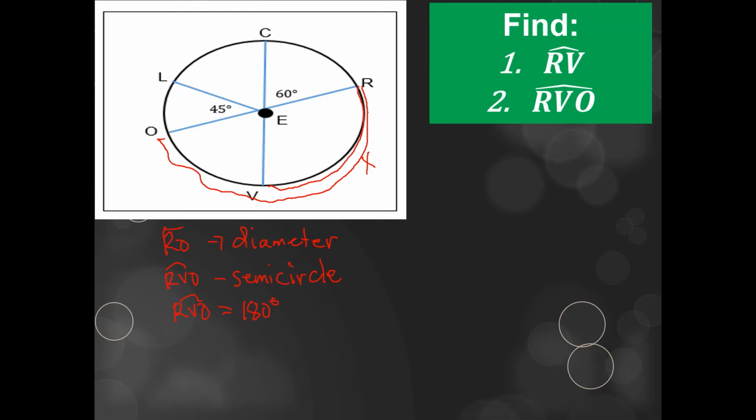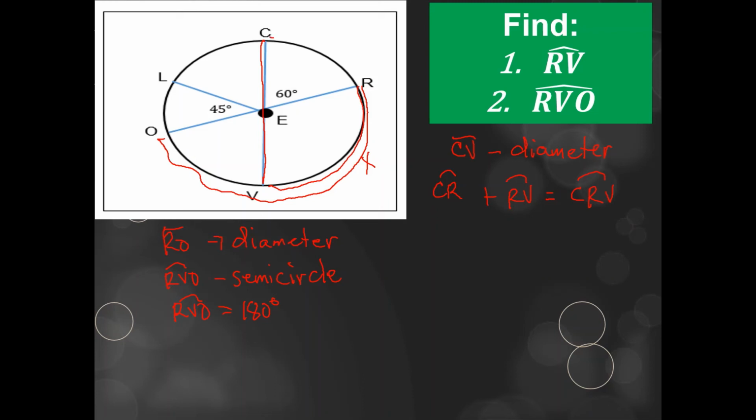Next, let's have RV. Based on the figure, we have another diameter which is CV. CV is another diameter. And it means we have two arcs there. We have arc CR plus arc RV. That is equal to the semicircle which is CRV. CR measures 60 degrees.